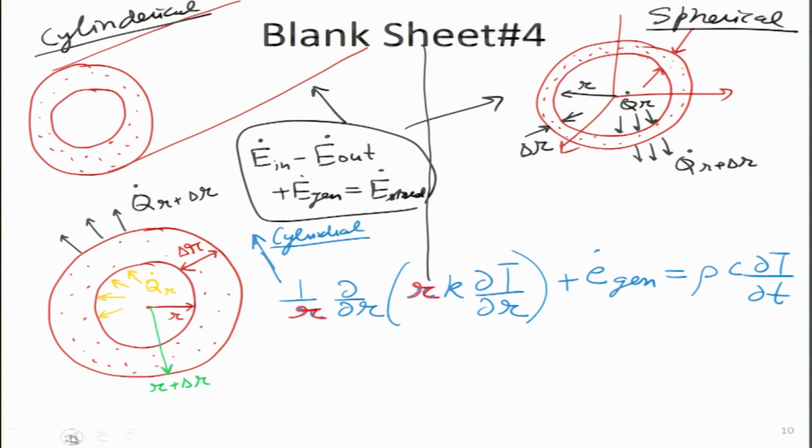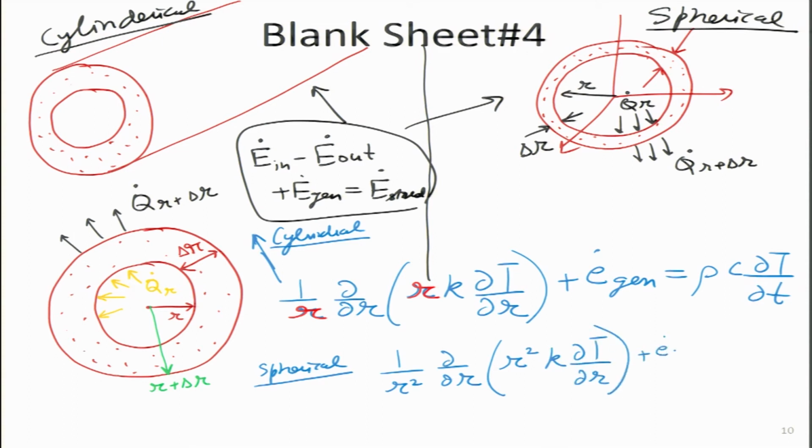Let me go ahead and write the equation for the spherical one as well. The spherical case, the result will turn out to be this, and here again let me write this particular term in red color.